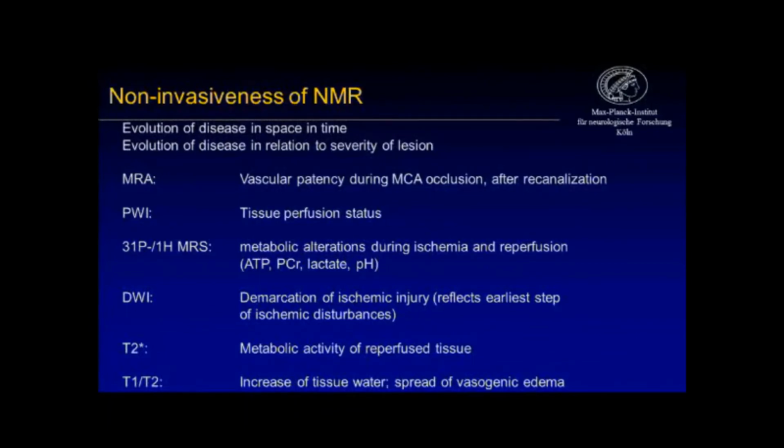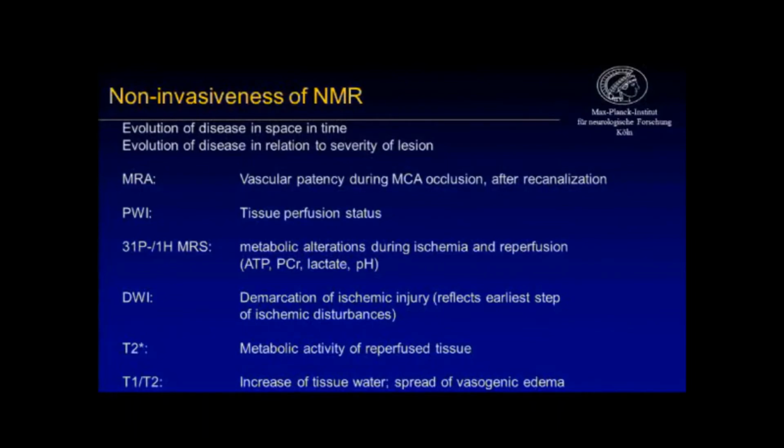We can look at vascular patency doing angiography. We can look at the tissue perfusion doing perfusion-weighted imaging. Of course, we can also do spectroscopy. If we do phosphorus spectroscopy, we can look at ATP, at the energy metabolism and disturbances thereof. Diffusion-weighted imaging, and I will show you this in a moment, is a very valuable technique because it's probably the earliest imaging modality to show you the event of stroke and the extent of affected tissue.